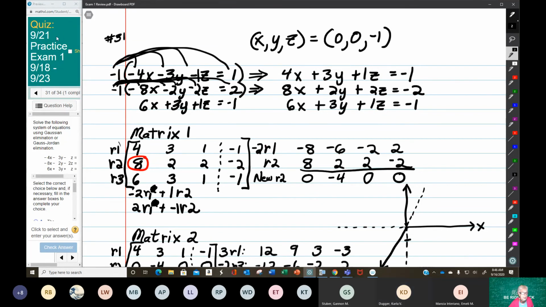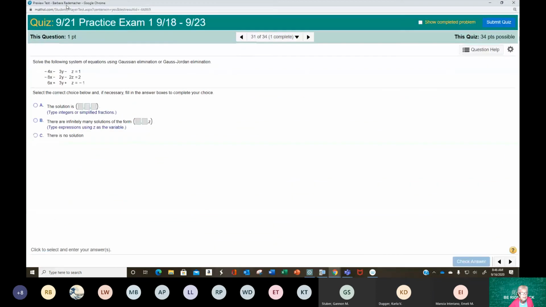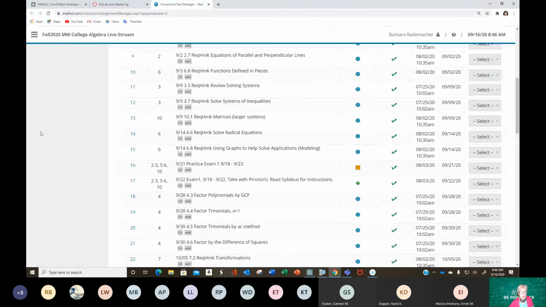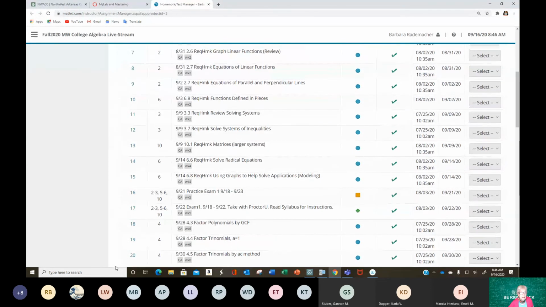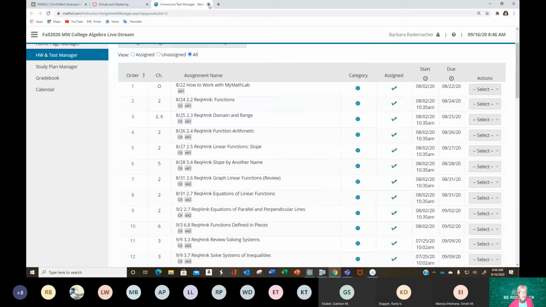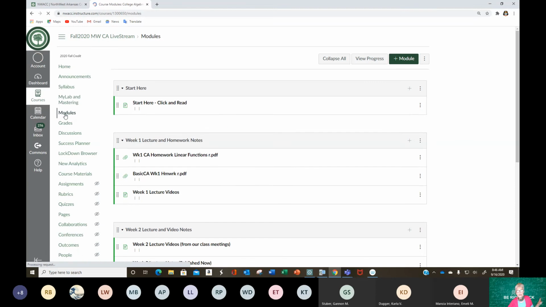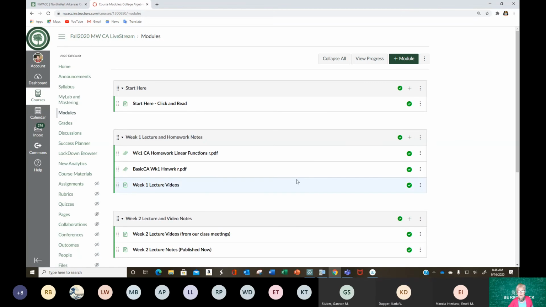Let me show you where I put it. Maybe. There's my math lab. Okay. I'm going to get rid of that and go over here. You know that modules is where all of your study sheets are and lecture videos.